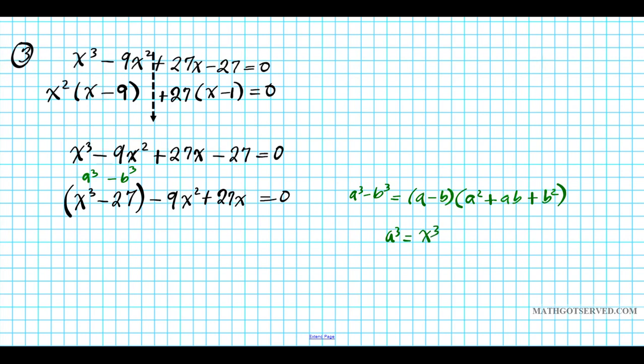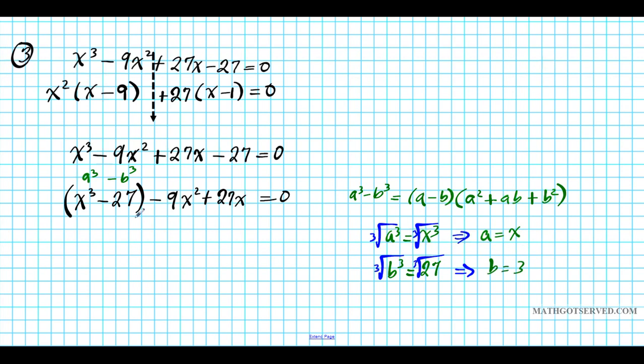To get a, we take the cube root as we did in the other example, and that yields a equal to x. Then to get b, we set b cubed to 27. Remember, you don't take the sign, just take the numbers. Take the cube root, and you have b equal to 3.